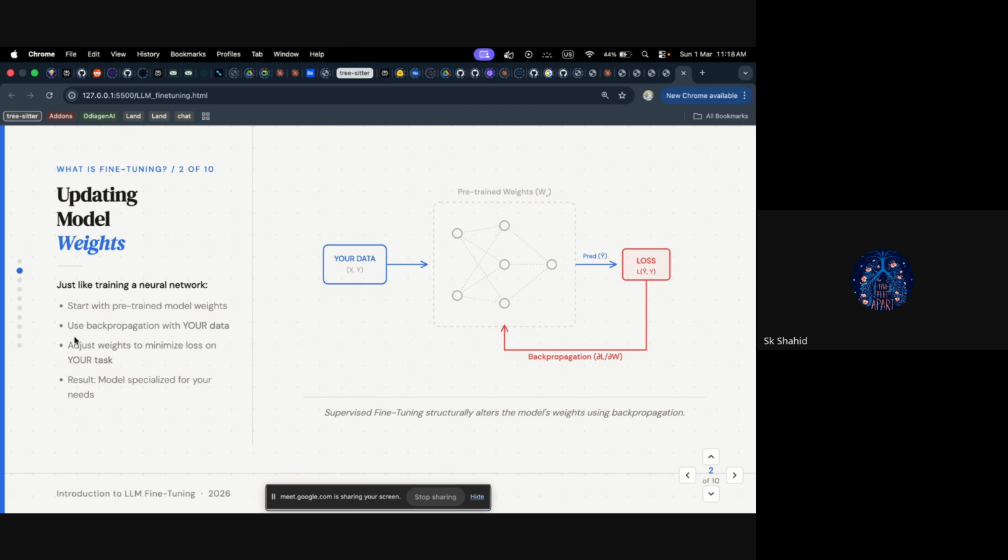We do backpropagation with our own data, and then we adjust the weights. We calculate the delta weights, add them, and by the gradient descent method we update the weights. After updating the weights, we get our fine-tuned model. This is inherent from what we learned in our neural network classes and most of the machine learning classes.